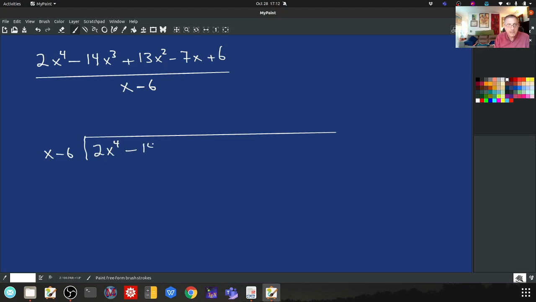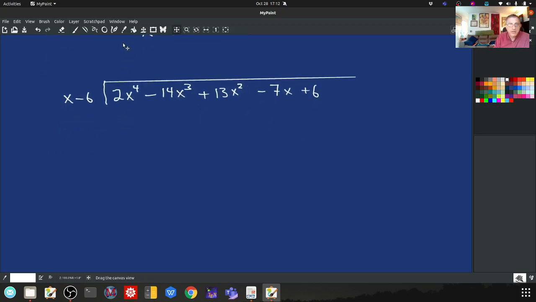Now next has to come my degree 3. If there were not a degree 3, I'd write 0 times that degree. But in this case, every degree is present, so I'm good to go. So here is the polynomial long division.